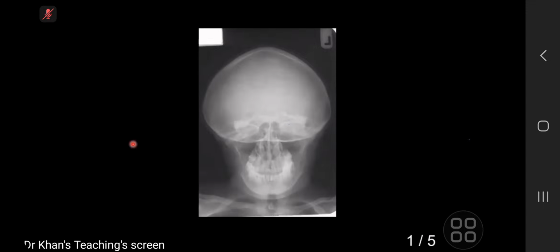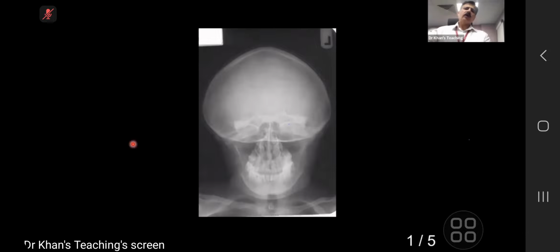The clavicles are normal in shape. I cannot really appreciate the rami of the mandible very well, but maybe it's just an over-penetrated film. Yeah, don't worry about the mandible.